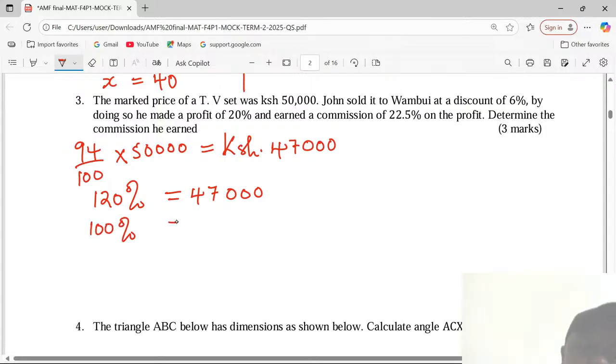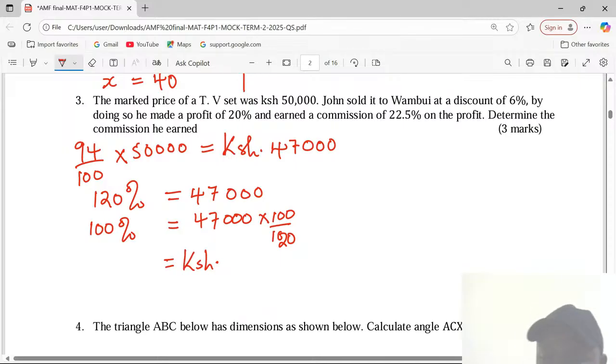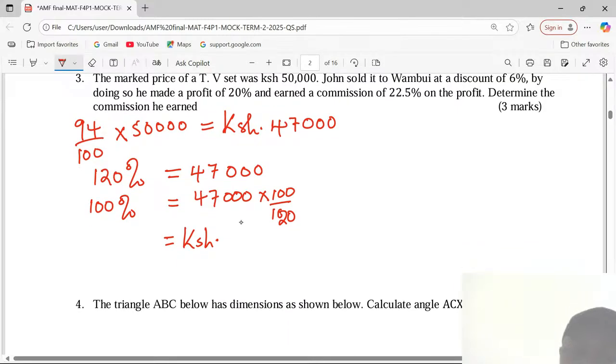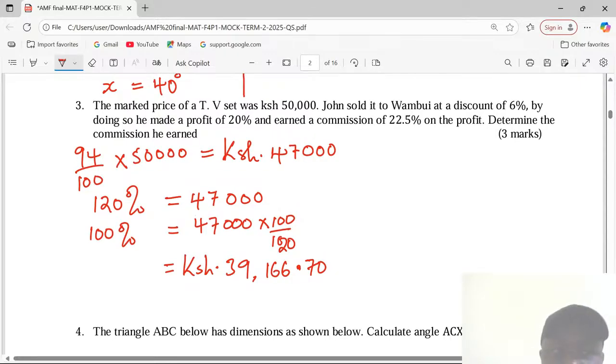The amount that John bought the TV set. We take 47,000, multiply by 100, then divide by 120. This gives us Kenya shillings 39,166.66 recurring. So this is the amount that John bought this particular TV set.